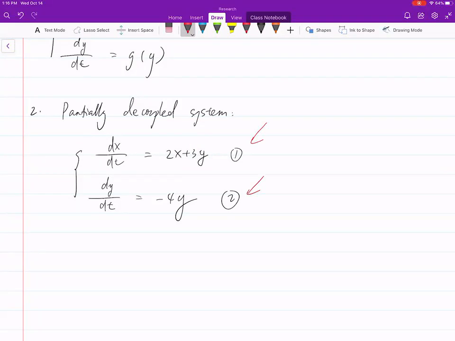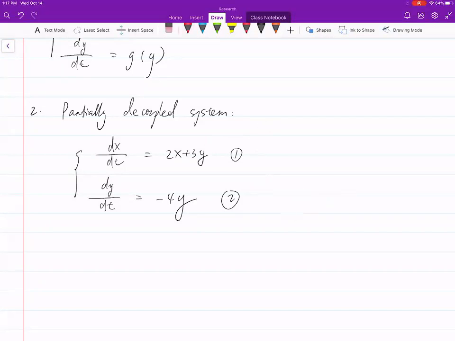Make sense here? That is still not too bad. Why? Because you can solve two first, pretending you didn't see one. Once you finish solving two, you have a solution of y equals something. Then you can put that back into here by substituting the y you just solved from two. Then you can solve one alone.